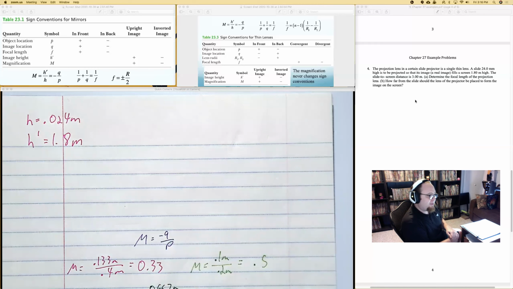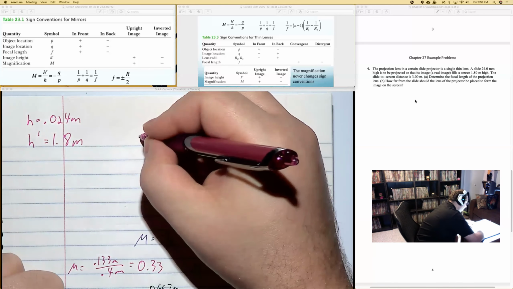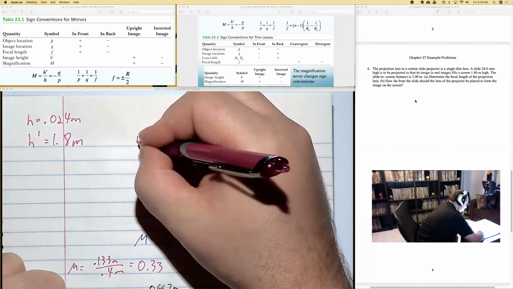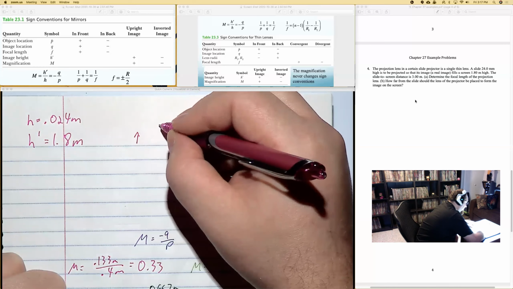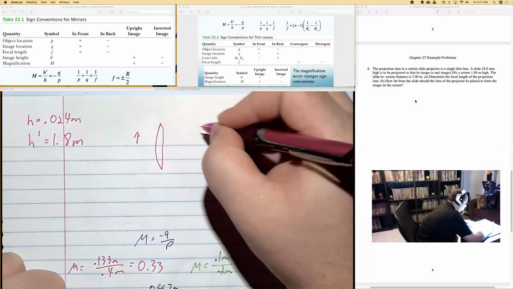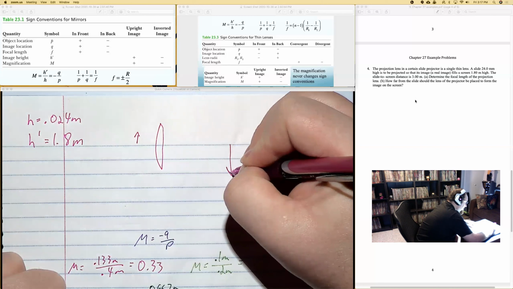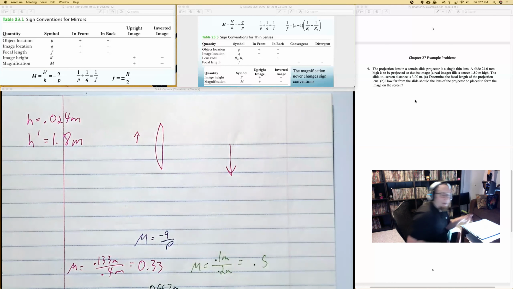Okay, let's start with that slide to screen distance. What I'm saying is I have an object that's being focused through a lens and is being displayed on a screen. Now, I put that upside down, mostly because I know it's going to be. I'll get into why in a second.